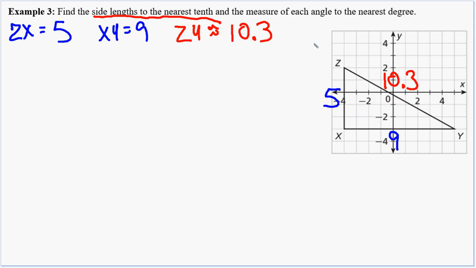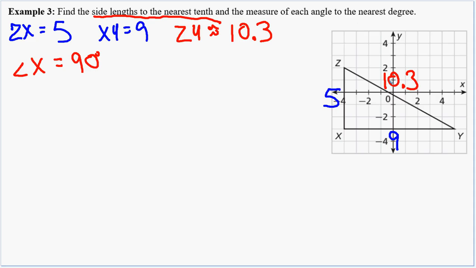Now, they're asking us to find the angles. Well, angle X is easy. That's our right angle. That's 90 degrees. Now, let's find our two acute angles, Y and Z. We have all three sides, so we can use any of the trig functions.